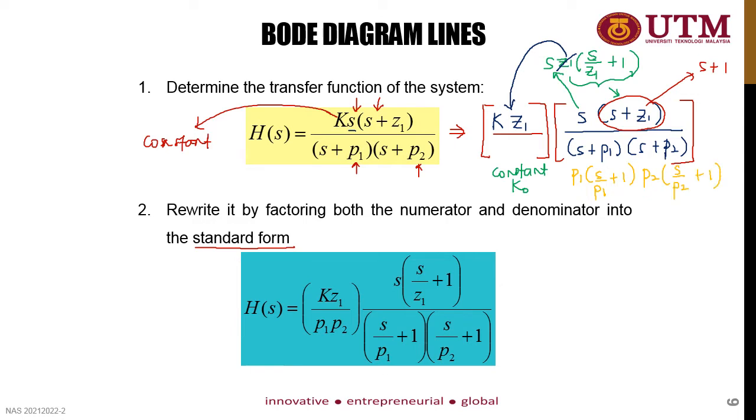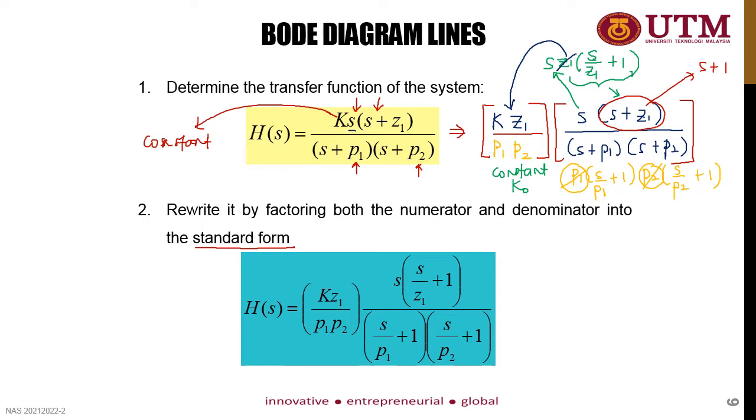Next, move all parameters other than s into constant values. So you remove p1 and p2, and they become constants. Now you have the constant k naught equal to k multiplied by z1 divided by p1 p2.